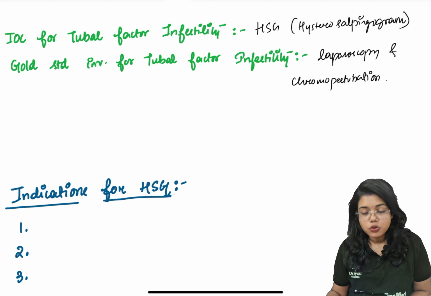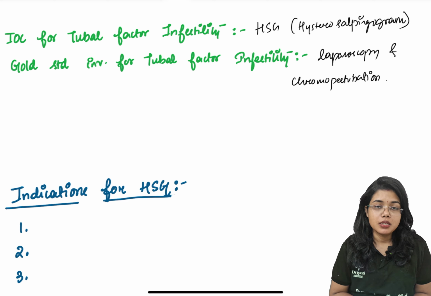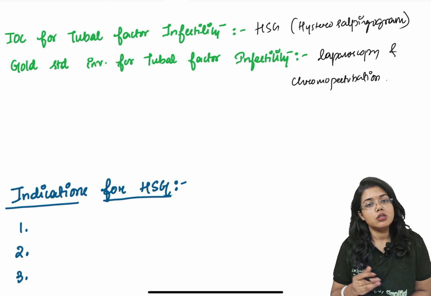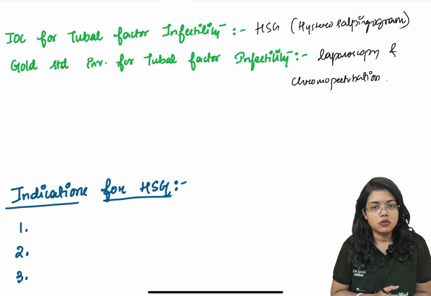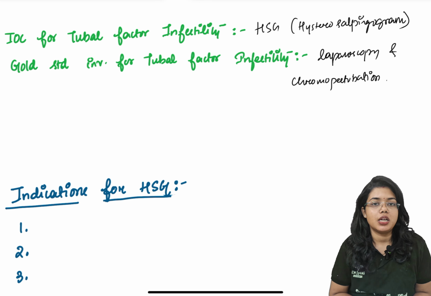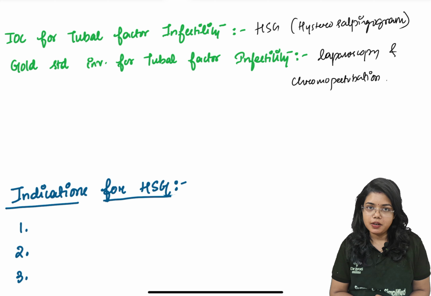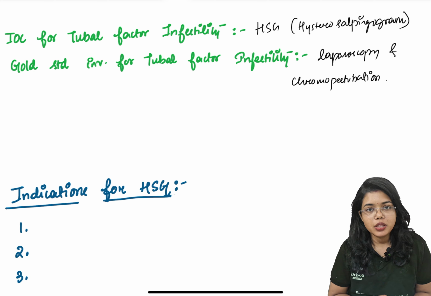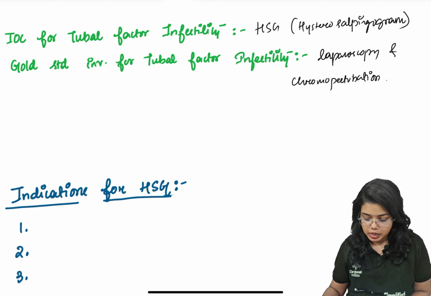Also, if there is any physiological or cornual spasm, chromoperturbation can correct it. So it is diagnostic as well as therapeutic. That is the gold standard. But as laparoscopy is an invasive procedure, the first line investigation is the non-invasive procedure, that is the HSG or hysterosalpingogram.